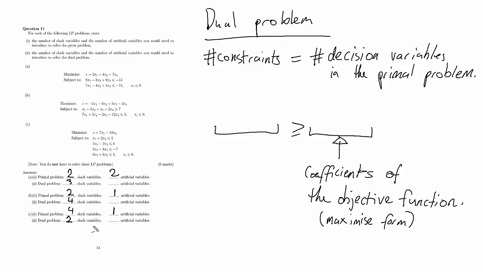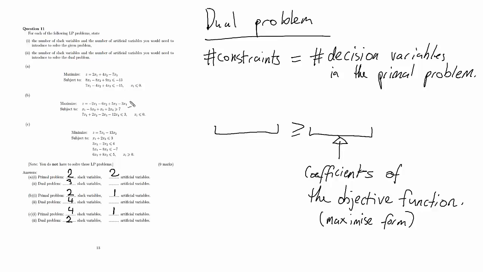So, to count the number of artificial variables, we'll count the number of positive coefficients in the objective function. Part A is already of the form of a maximised problem. So we count the positive coefficients. We have positive 2, positive 4, and negative 7.